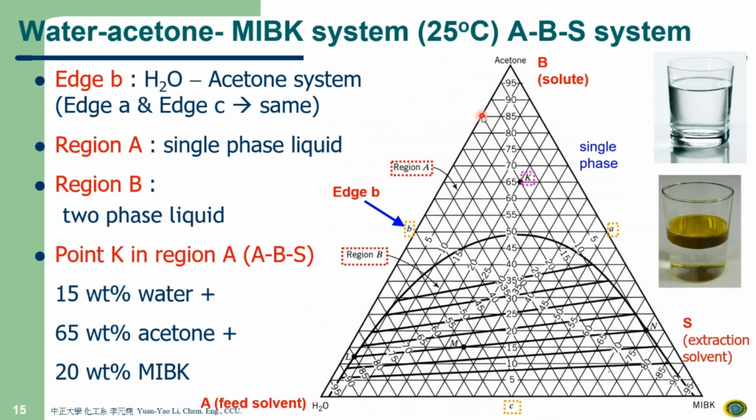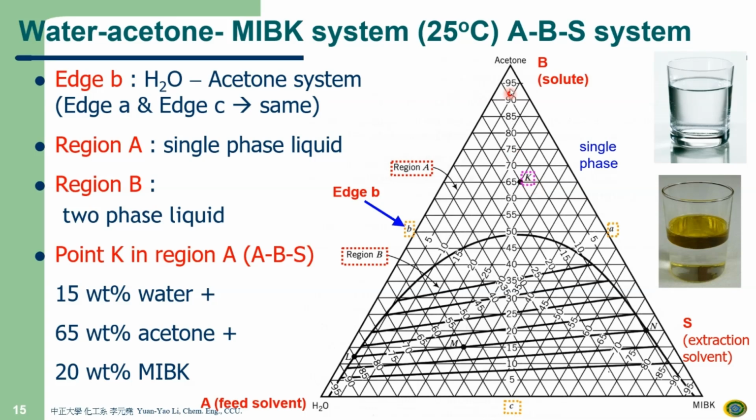This is a composition here. This is the line, and the line here is 50. So 5, 10, 15, 20, so 50 is here. So water is 50%. K point, the line here parallel to water point here is 50.